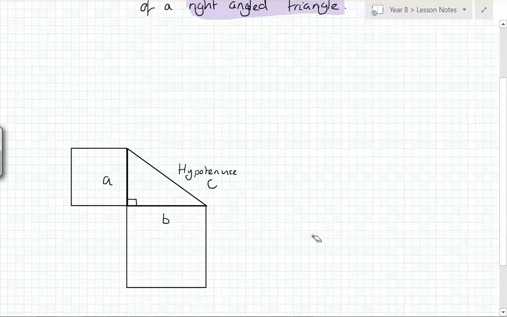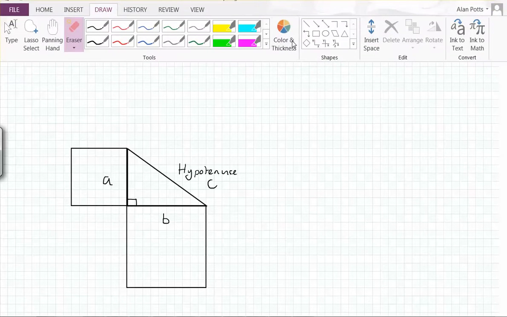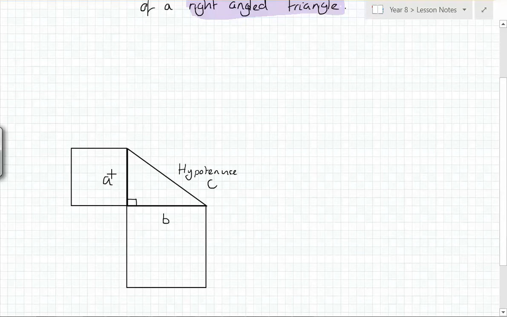So, you draw two squares. Now, what he found out was, if you find the area of those two squares and add them together, you will get the same area as if you take a square on this side.